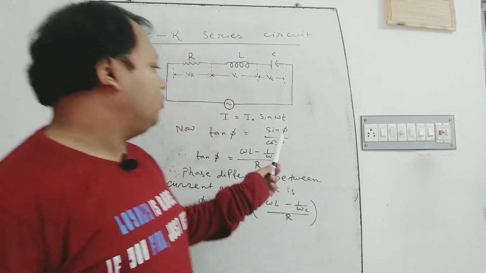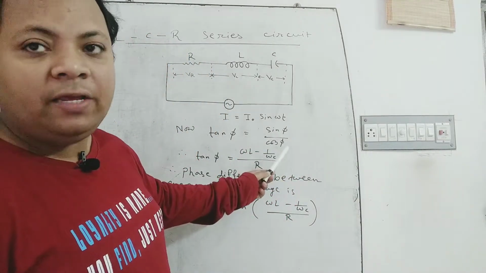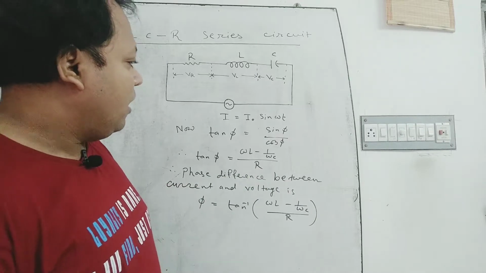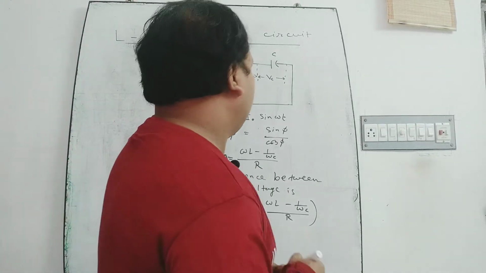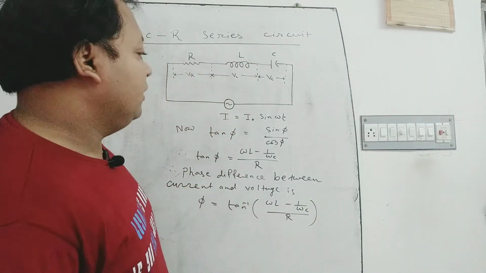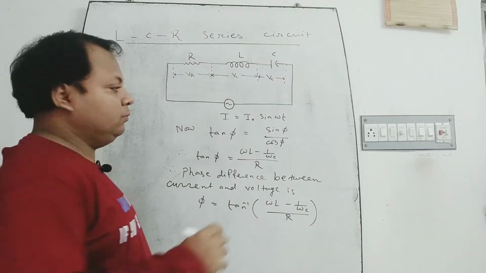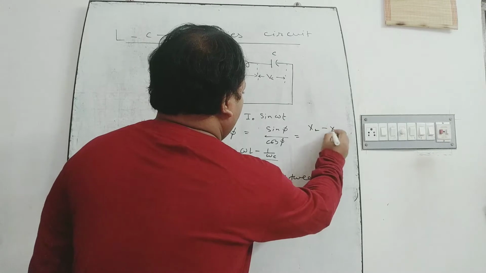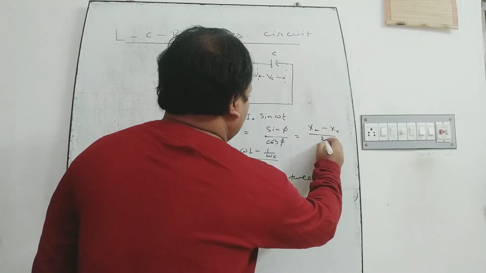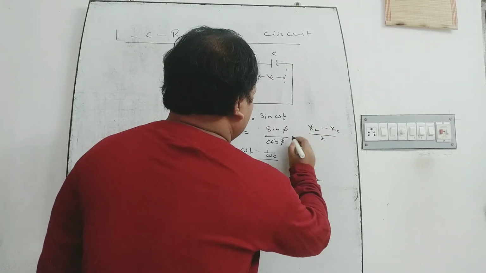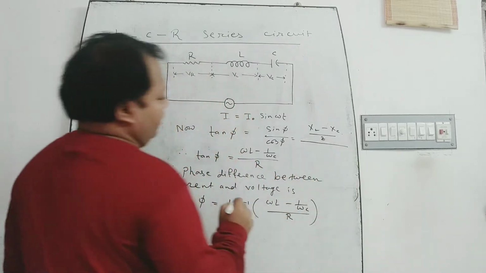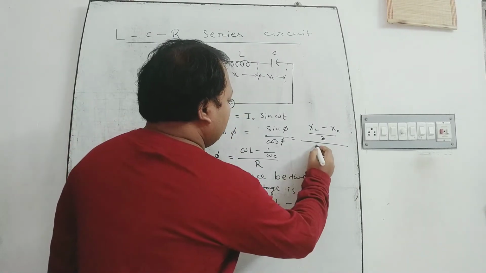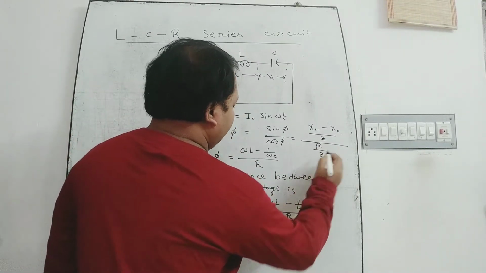Now we know that tan φ is equal to sin φ by cos φ. This gives tan φ is equal to (ωL minus 1/ωC) divided by capital R. Here φ represents the phase difference between the voltage and the current.